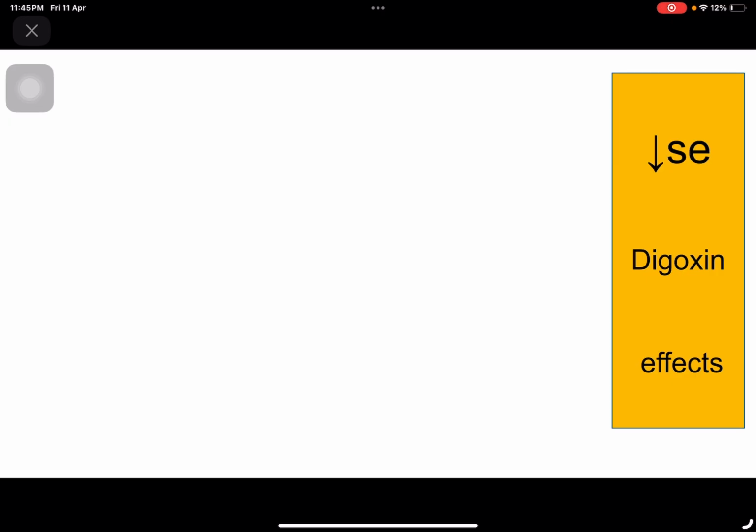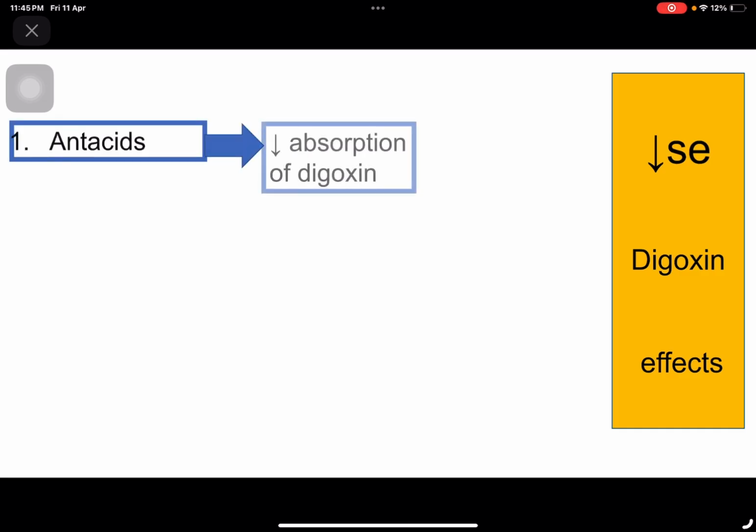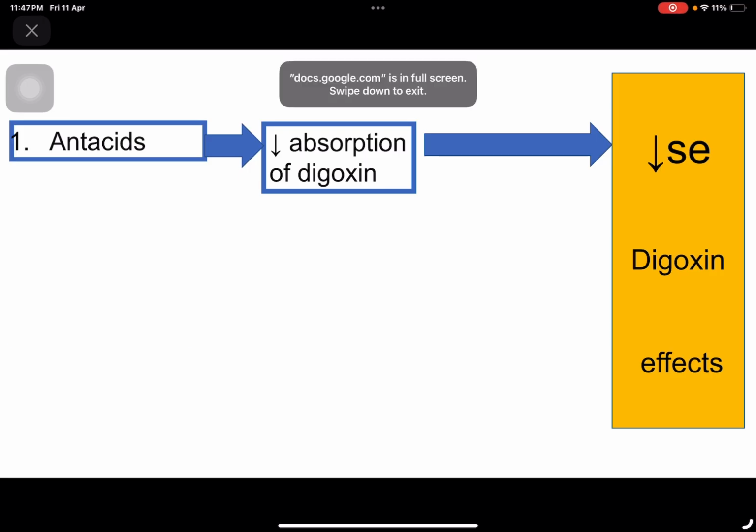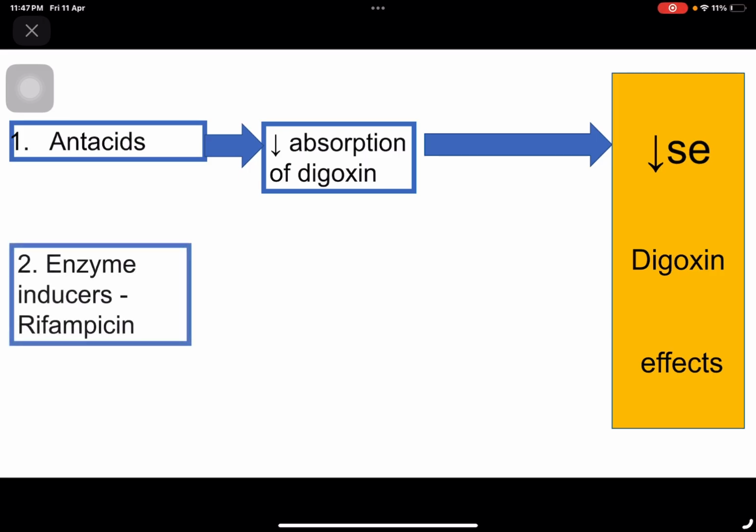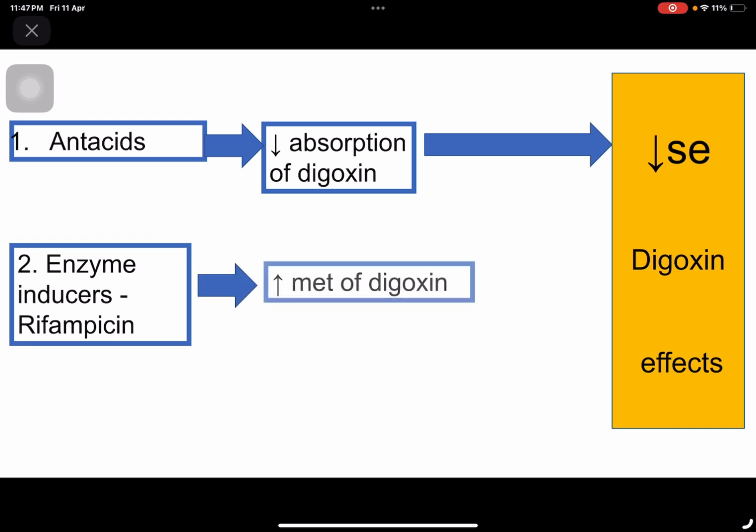In which conditions may the digoxin effect be reduced? And it also reduces the absorption of digoxin, which results in the decreased digoxin effect. Enzyme inducers: when digoxin is given with enzyme inducers, they can increase the metabolism of digoxin, which results in the decreased digoxin effect.